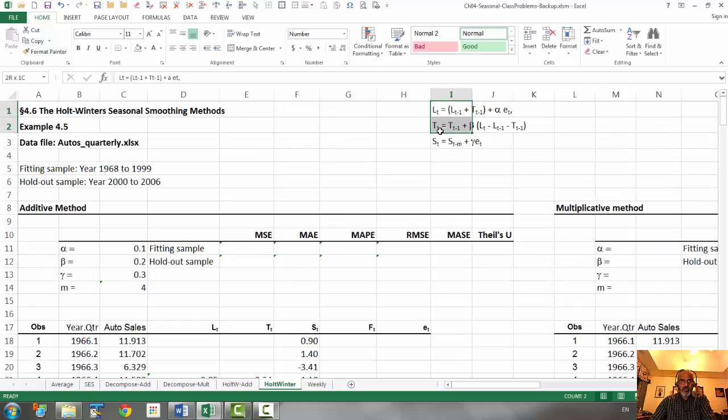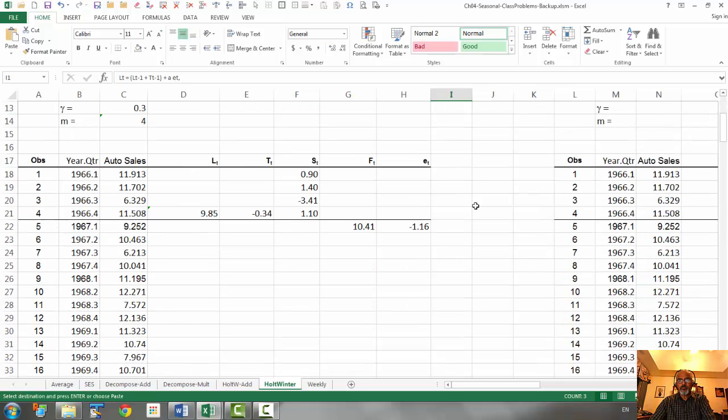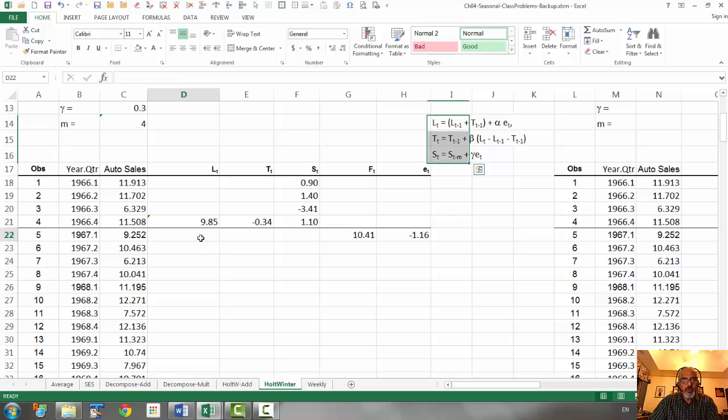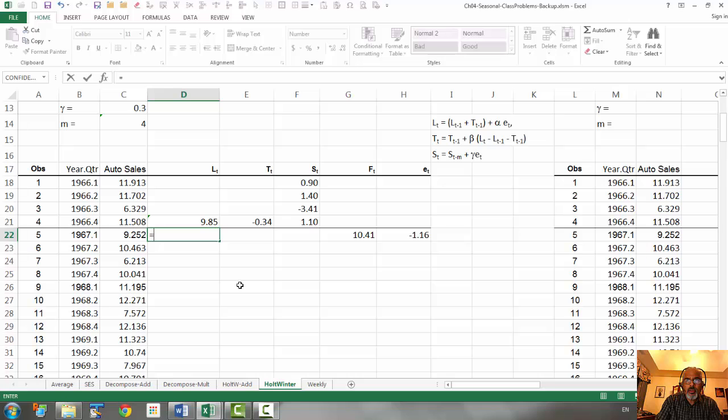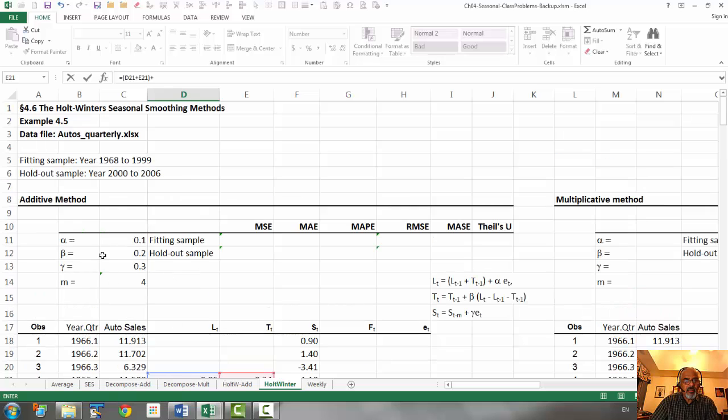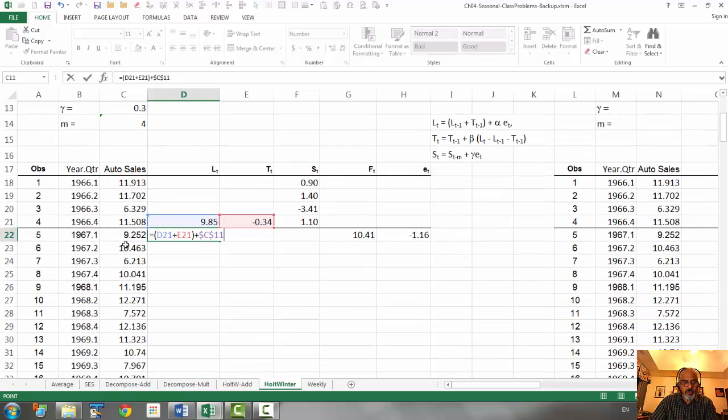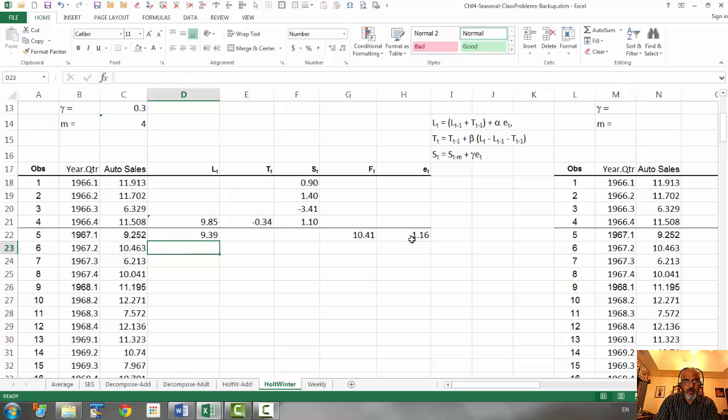Okay, let's set up the smoothing. Smoothing for L is the previous L and T, sum of L and T, plus alpha, absolute reference that, times the error.